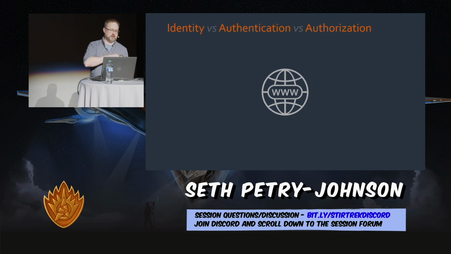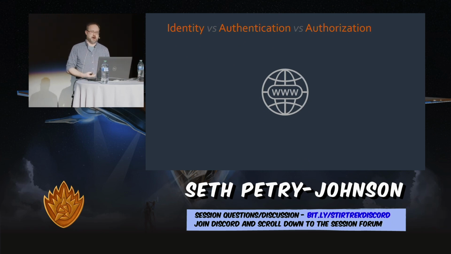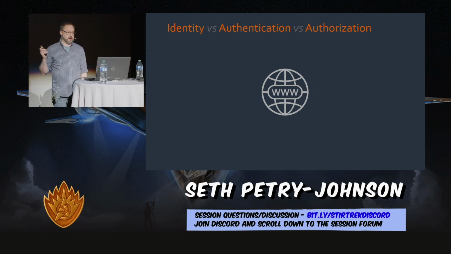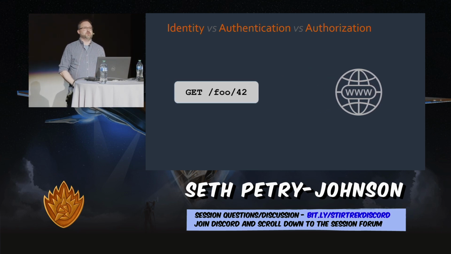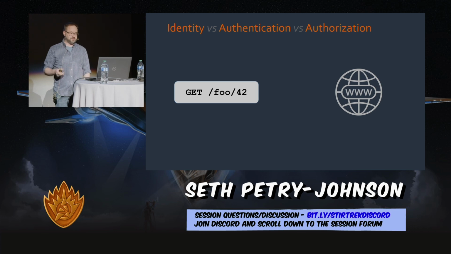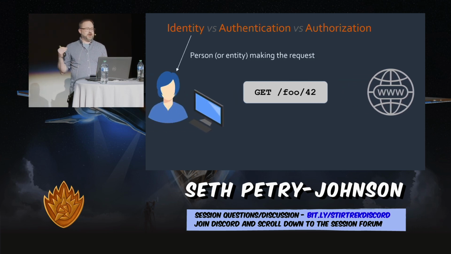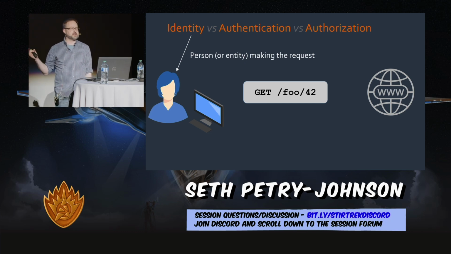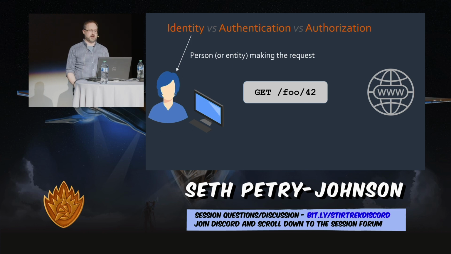Now, before we get to that list, we need to define 3 concepts that you need to keep in mind. Let's say we have this website, and a request comes in for some URL, like foo42. The identity associated with that request is the person or entity that's making it. In this case, it's our lovely user Alice making the request from her desktop computer.